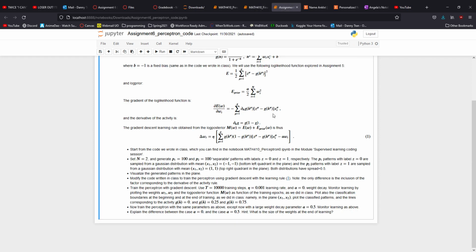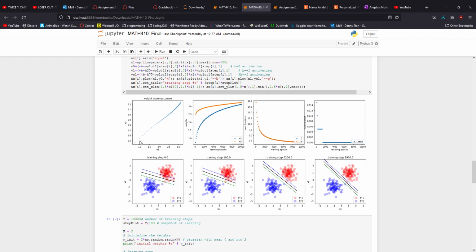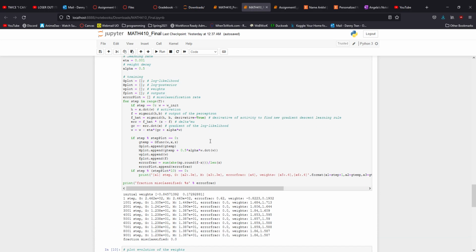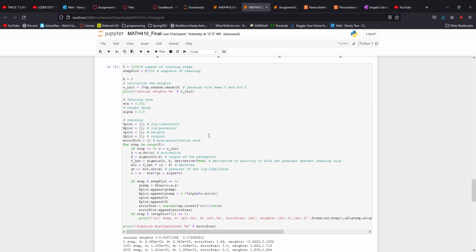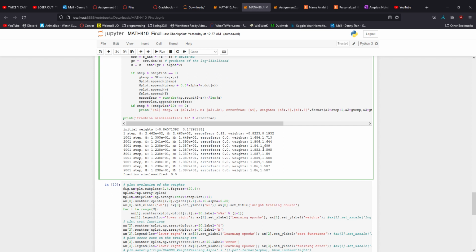And then we're asked to increase the alpha level to 0.5, which is quite high. And so we basically just copy pasted all this stuff into a new perceptron with alpha equals 0.5 as the only difference. And so here we see that the weights start converging at about the 2001 step mark.